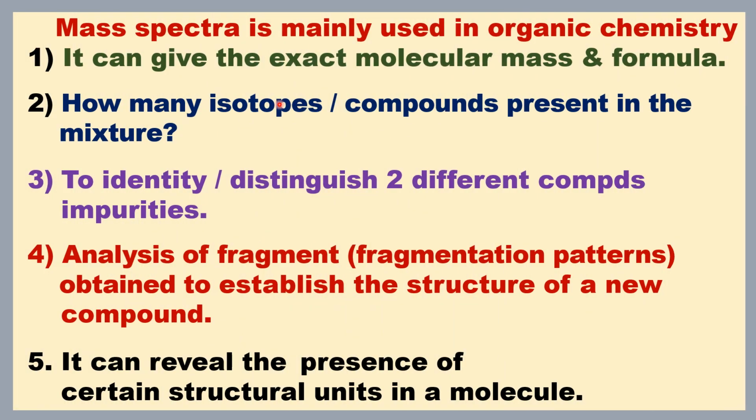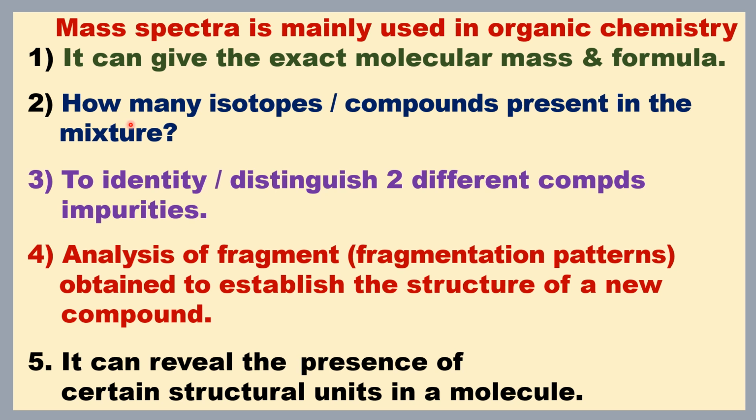Okay, mass spectra is mainly used in organic chemistry. It is also used in forensic science, biochemistry, protein chemistry, and microbiology, in all the fields, physics, to find the relative abundance of isotopes, etc. It can give the exact molecular mass, molecular formula, and its elemental composition.